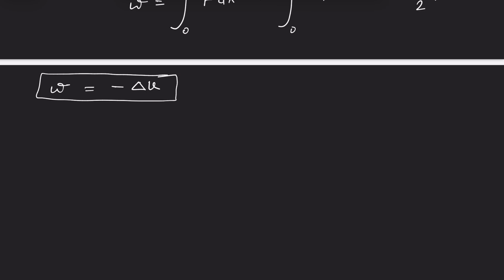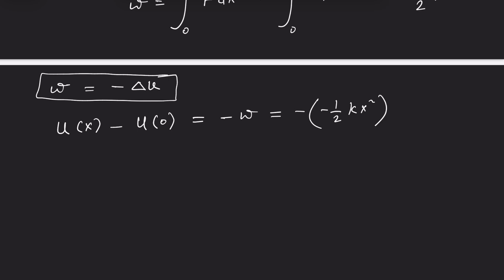So Ux minus U0, the potential energy at the mean position, is equal to minus W, which is equal to minus of minus half kx square. So we get Ux minus U naught, or U mean, is equal to half kx square. Is this okay?